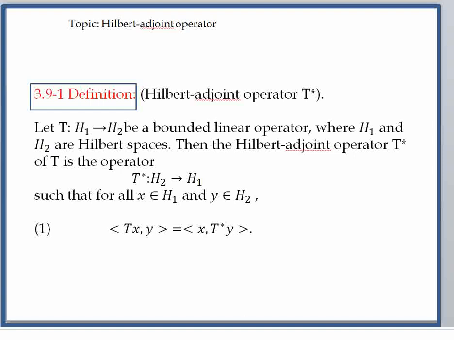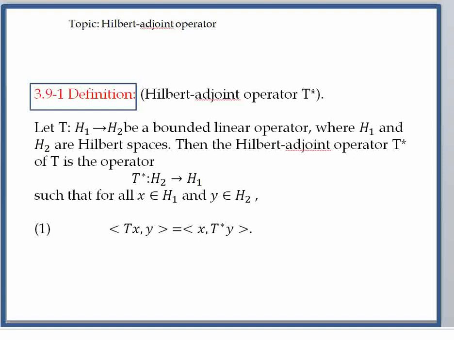Hilbert spaces are a special kind of vector space. They have all properties of a vector space and have a few more additional properties also. Here two Hilbert spaces are used in this theorem, H1 and H2.